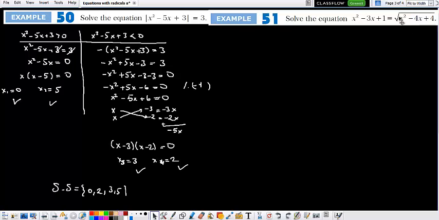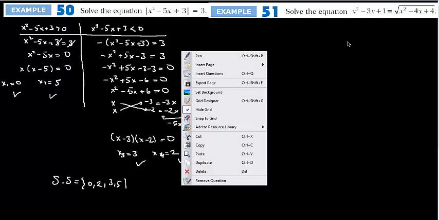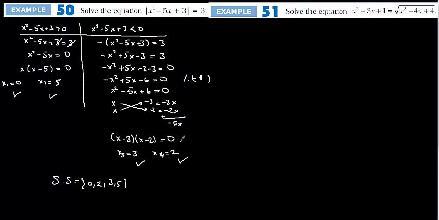Firstly, here we need to remember this one. x squared minus 4x plus 4, let me write with a different color, is equal to x minus 2 in parentheses squared. If you remember the form a minus b squared, a squared minus 2ab plus b squared, then you will get this one. We need to know that one.